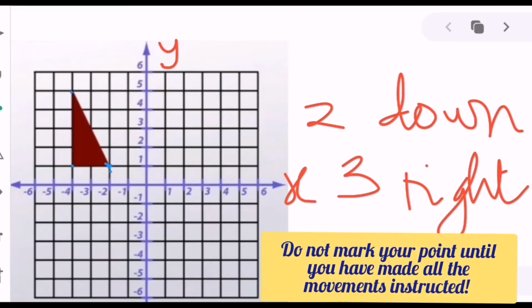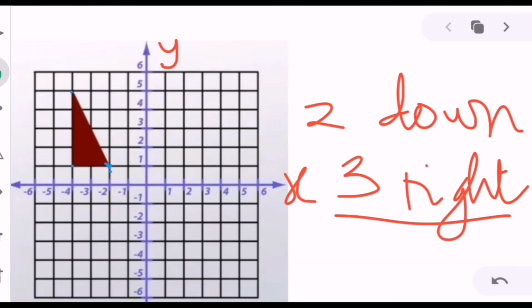You don't have to mark it yet because you've not done the second one. 3 units to the right now will be, we were at this point here, going to the right. Now that becomes our 0. So we have 1, 2, 3 at this point here. So our point will be now at this place. That is the image of that point we did.